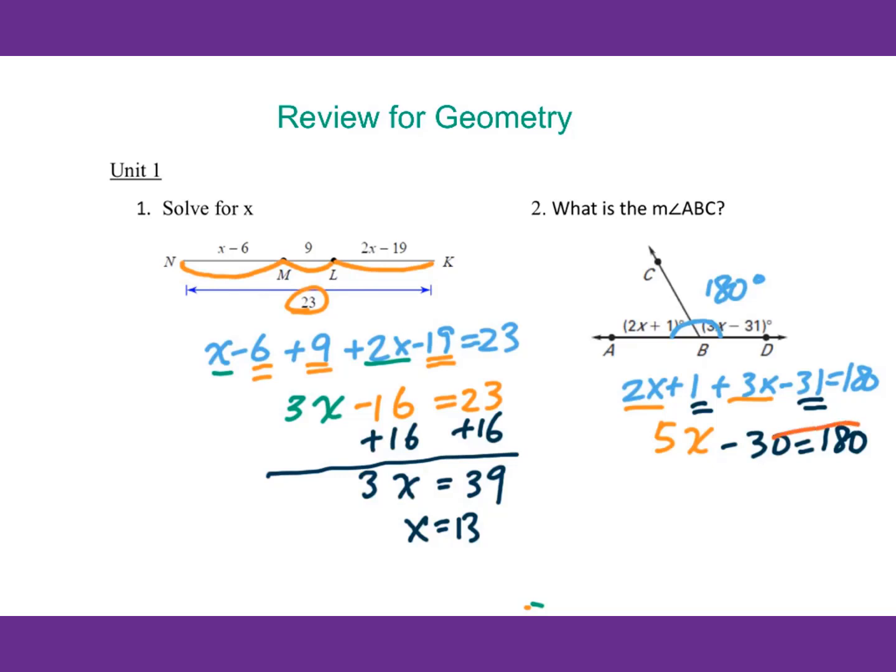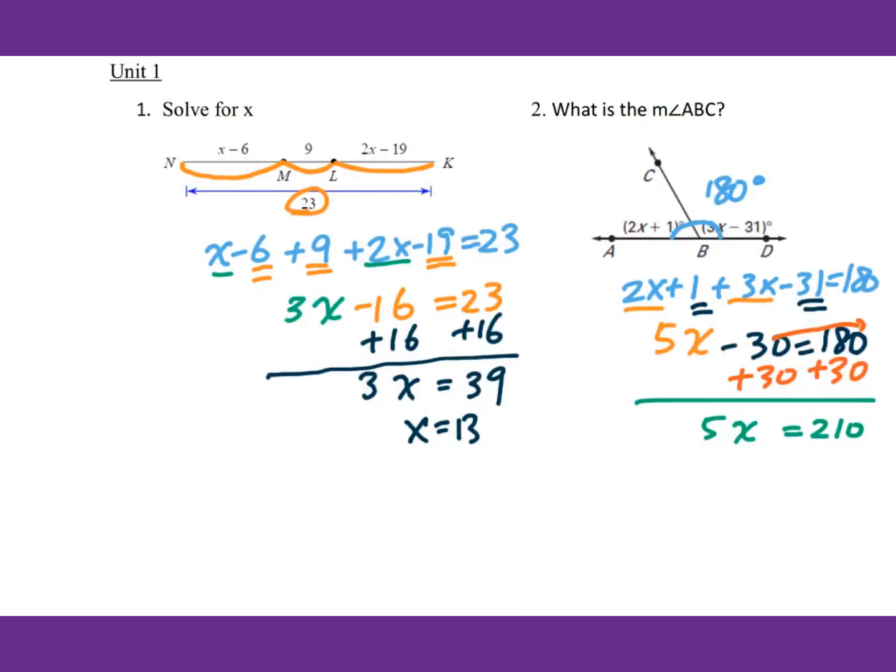Therefore, you need to add 30 to both sides. You will get 5x equals 210. Then divide by 5. Your x will be 42.